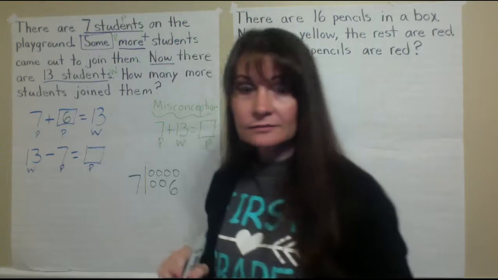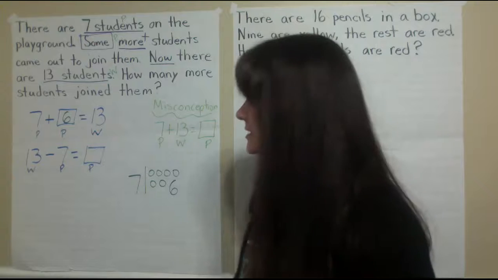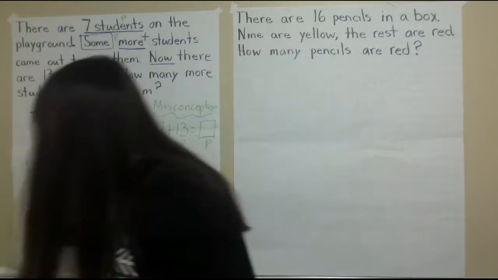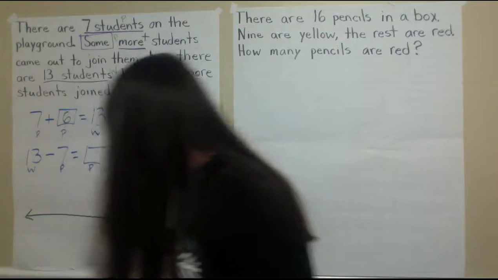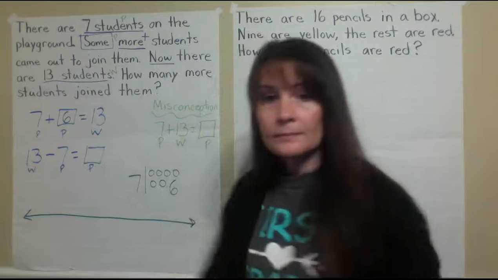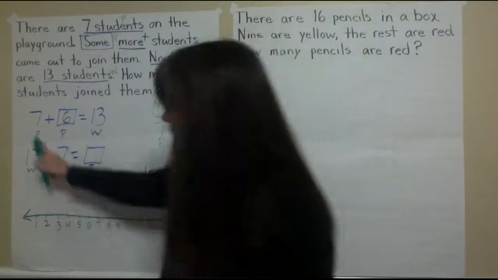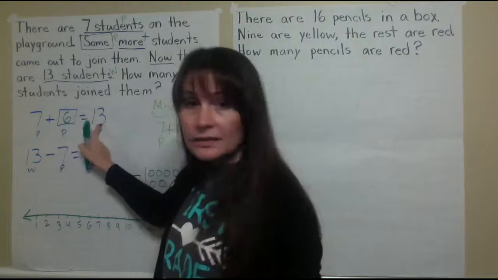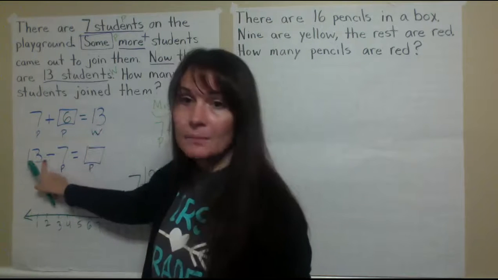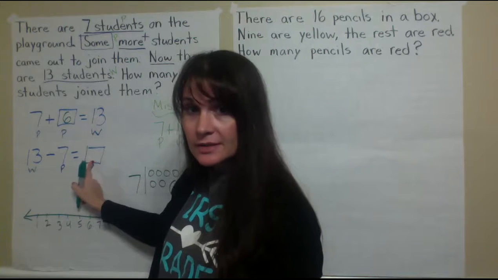Great thinking. I also saw someone try to use their number line. For my number line, I could either add 7 plus something, get to 13, or I could do 13 minus 7 equals my box.